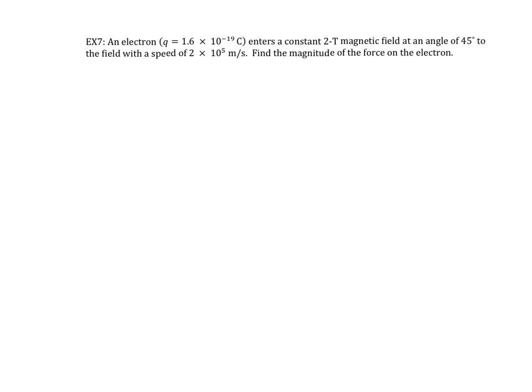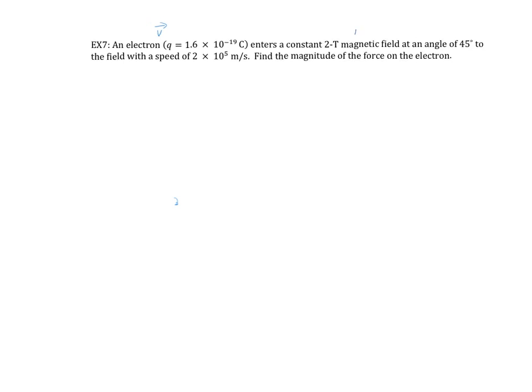Okay, so this is an electron, and it has a charge of Q. It's going to enter a magnetic field. So we're going to let V represent the velocity of this electron when it enters the magnetic field, and I'm going to use B for the magnetic field. We're supposed to find the magnitude of the force on the electron.